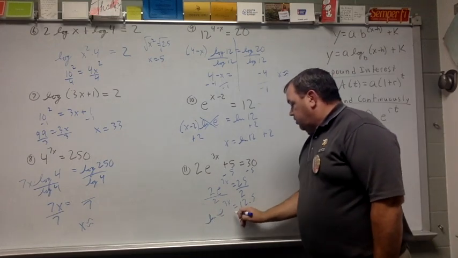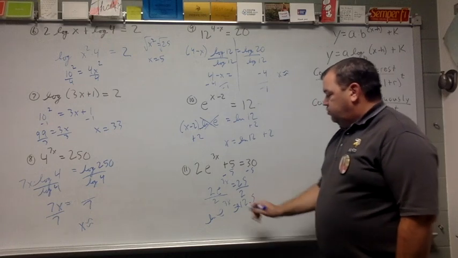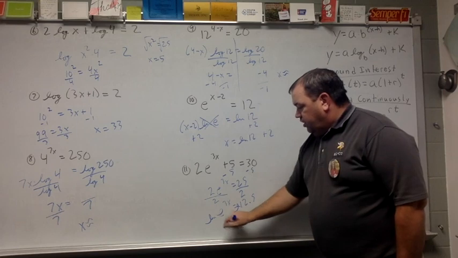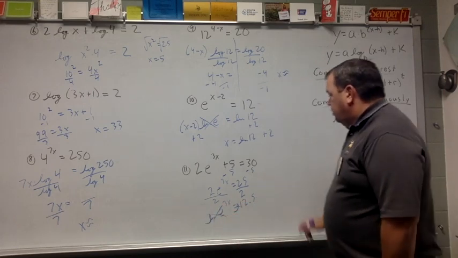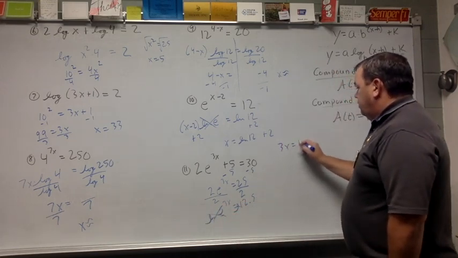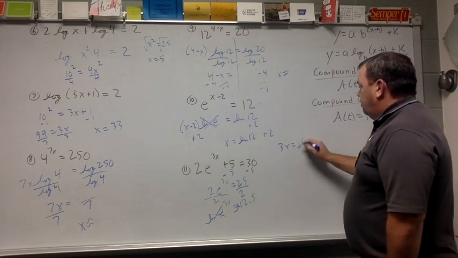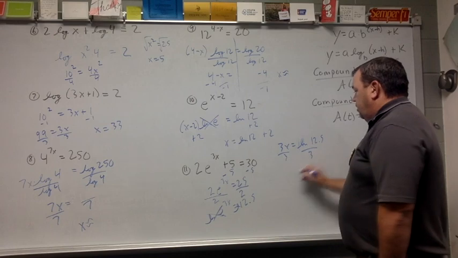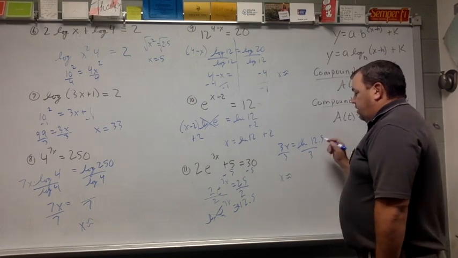I can natural log each side, which brings 3x down, and the natural log of e is going to cancel each other out. So solving is just a one-step problem. Divide by 3, and x is equal to whatever that decimal is.